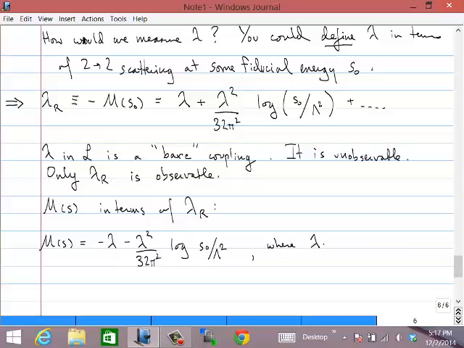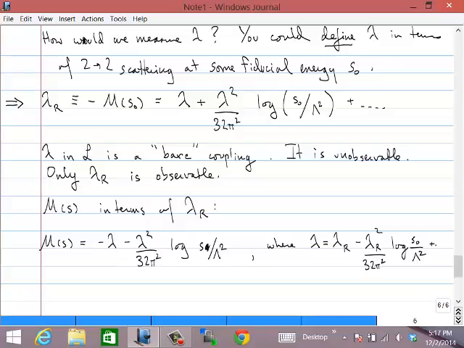That's easy enough to do. Lambda at leading order is equal to lambda renormalized, but there will be a correction term, which is minus lambda renormalized squared over 32 pi squared log, sorry, s naught over lambda squared, plus dot, dot, dot.